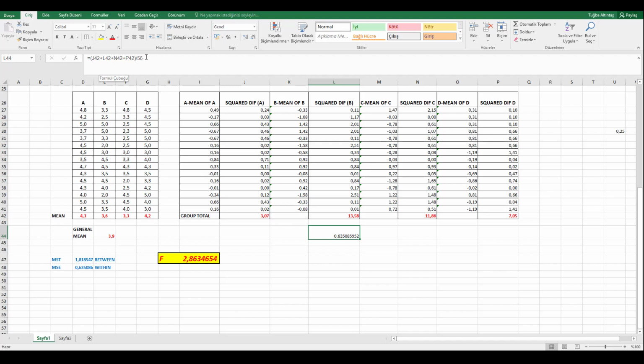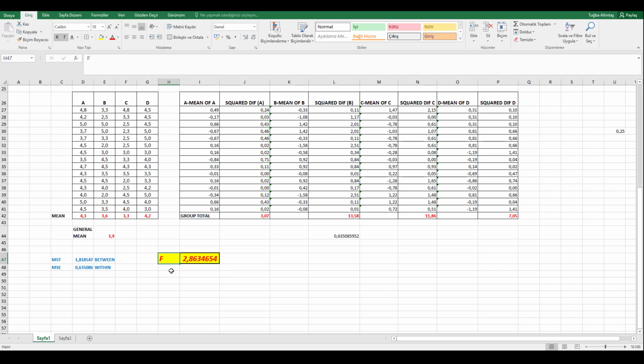Why 56? Because this is n minus k. What is total n? 60 minus the number of groups, 4, and this is 56. Then we find MSE as approximately 0.64.